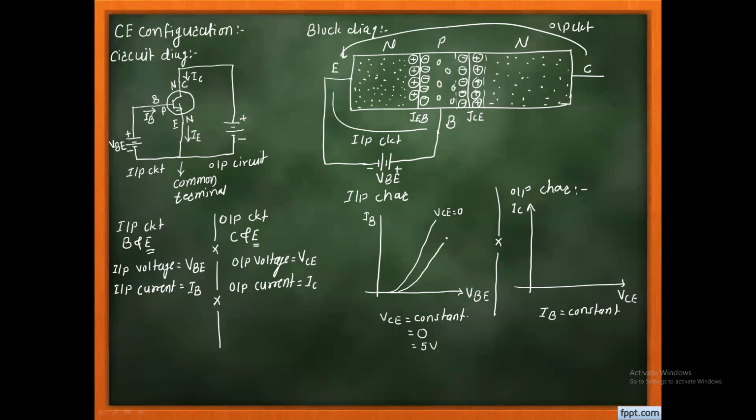Now if you compare the graph for common base configuration and common emitter configuration, in the common base configuration, as output voltage increases, the graph is tilted towards the left of this zero graph. But in the common emitter configuration, as the output circuit voltage increases, the graph is tilted towards the right hand side.